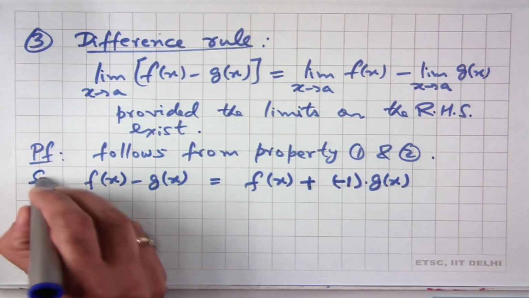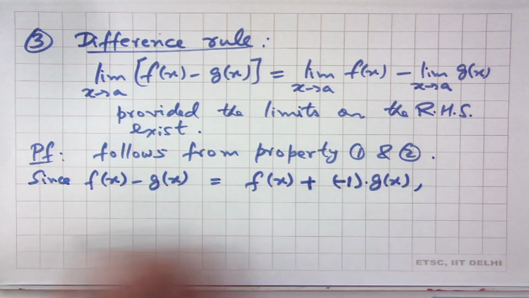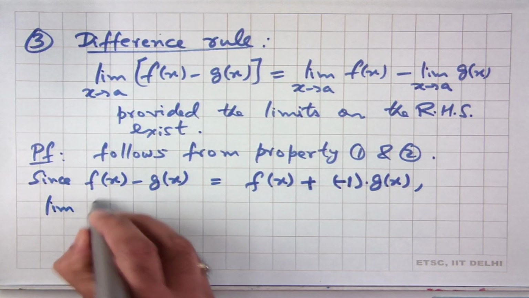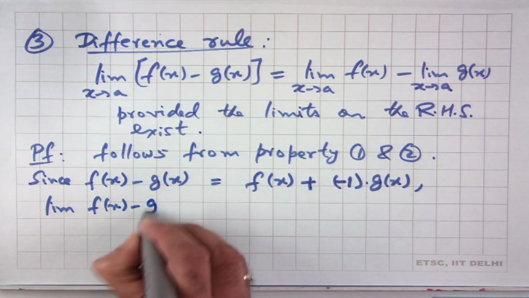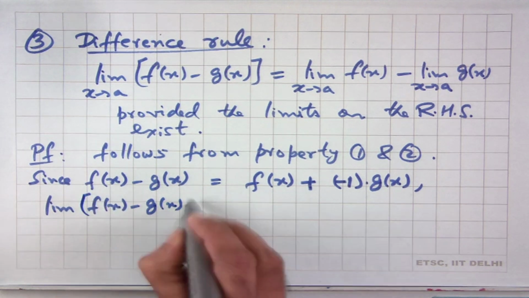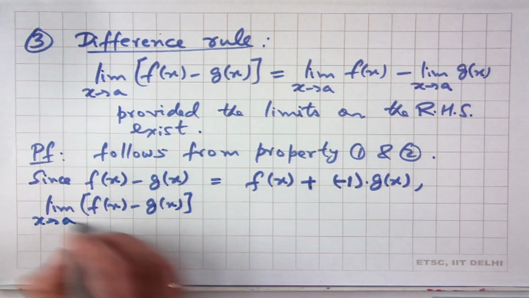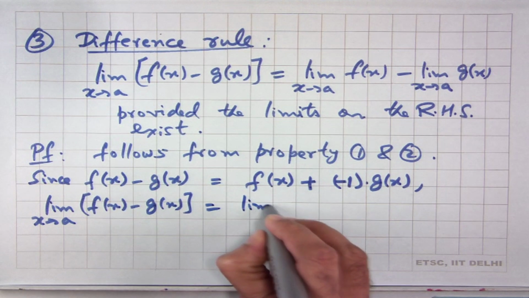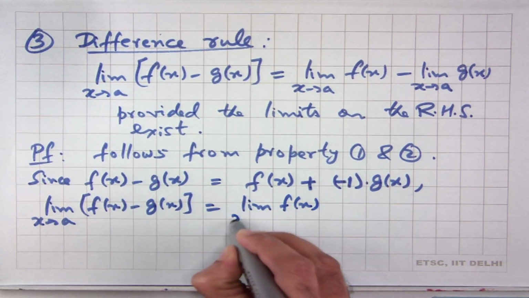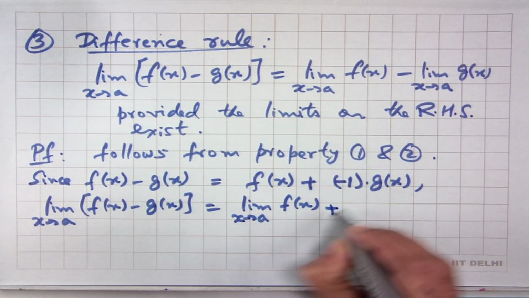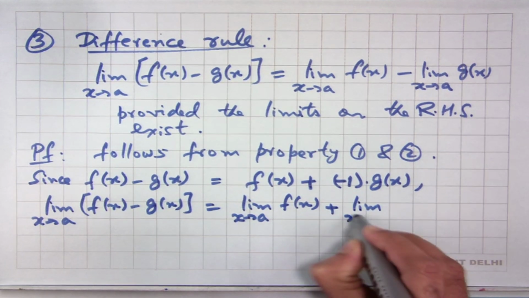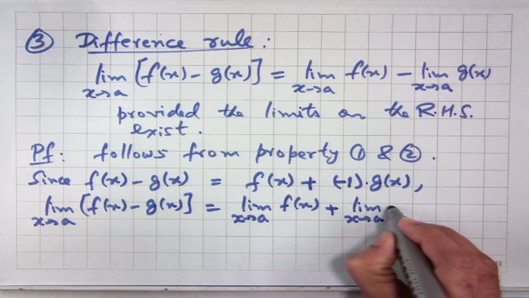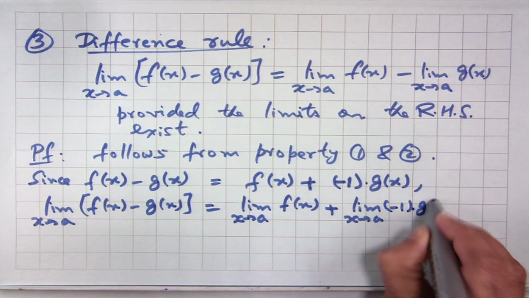So, limit of f x minus g of x is equal to limit of f of x plus limit of minus 1 times g of x.